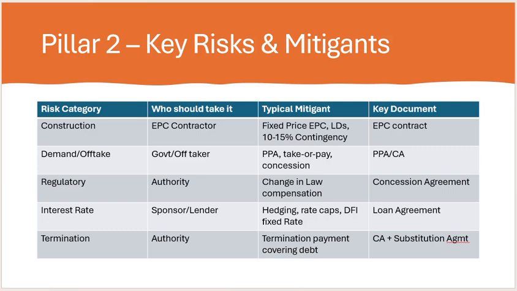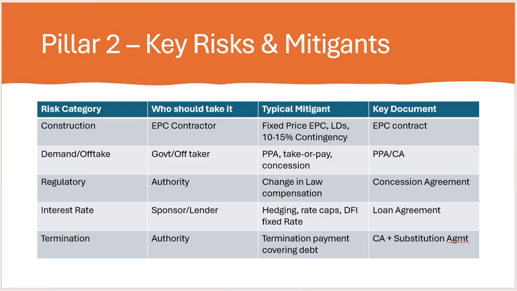So the first risk we are going to discuss is the construction risk, and who should take it is the EPC contractor. The EPC contractor is who takes the contract of that project, an engineering, procurement, and construction contract. The EPC contractor might be a single party or multiple parties, depending on the cost of the project.